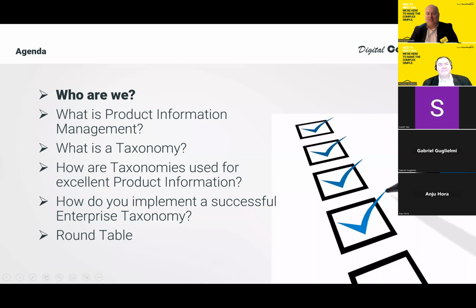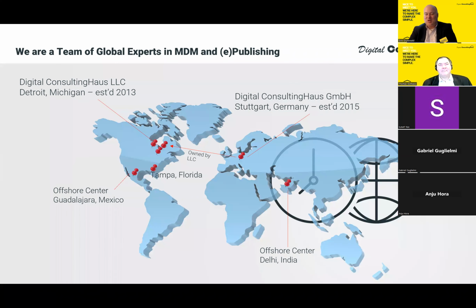So I jump right into the first subject, and that is, who are we? Digital Consulting House was started in 2013 after I left a company called Hybris. Hybris was at that time the leading vendor of product information management software. They were always competing against other companies like Stibo, for instance.